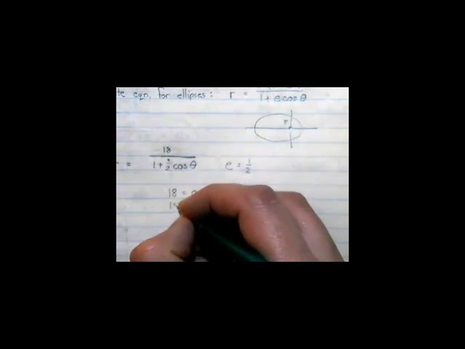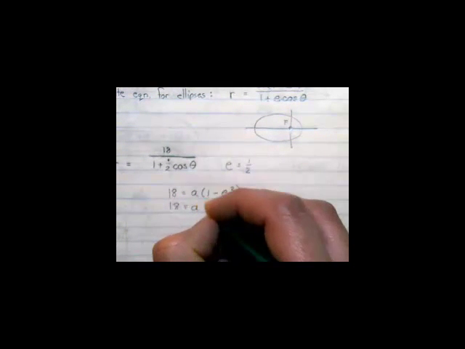Plug the 1/2 in, and we're going to solve that for A. So 18 equals A times, that would be 1 minus 1/4, so that's 3/4.